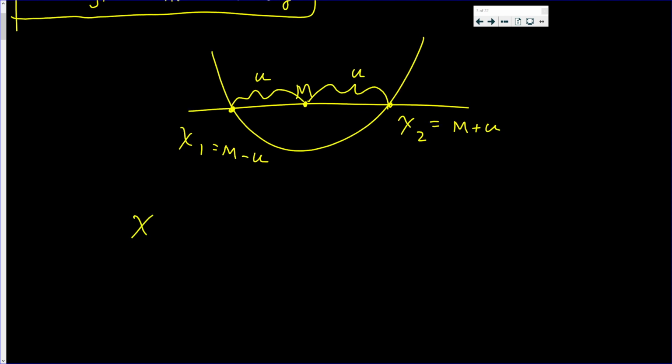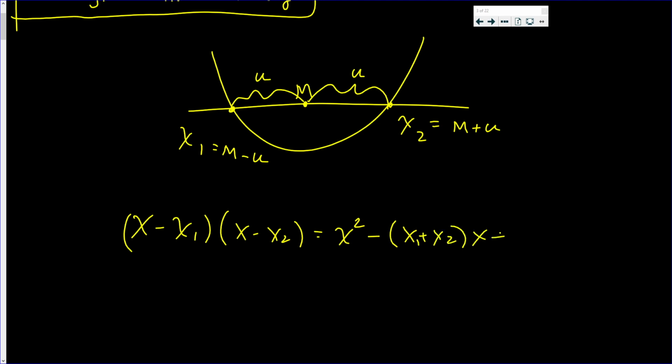If you have a factored quadratic equation like this, where the roots are x1 and x2, it multiplies out as follows: x squared minus (x1 plus x2) times x plus x1 times x2.